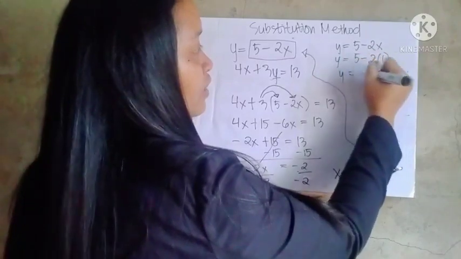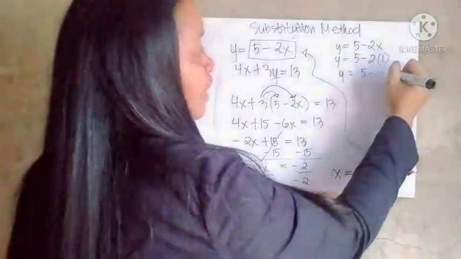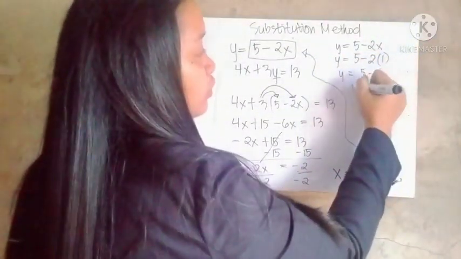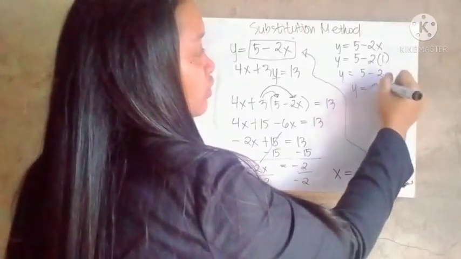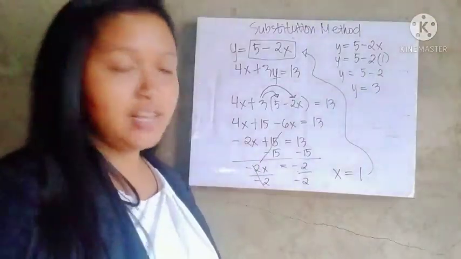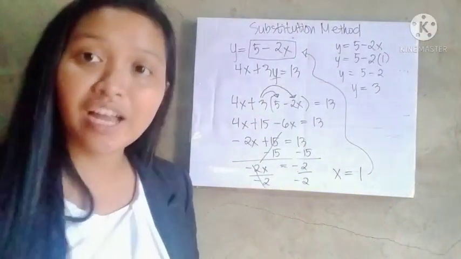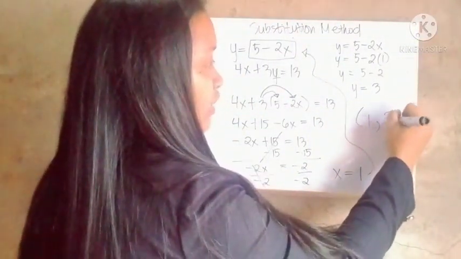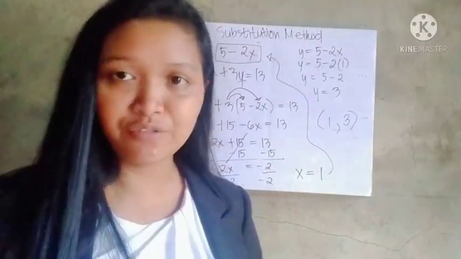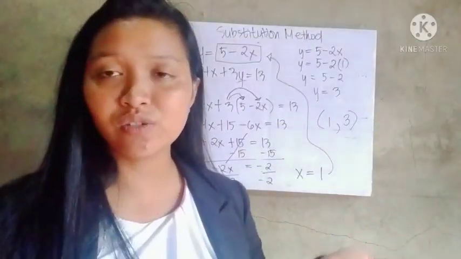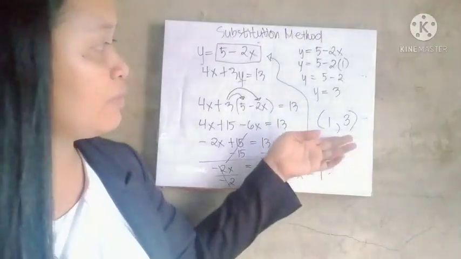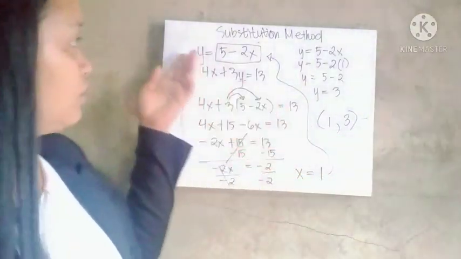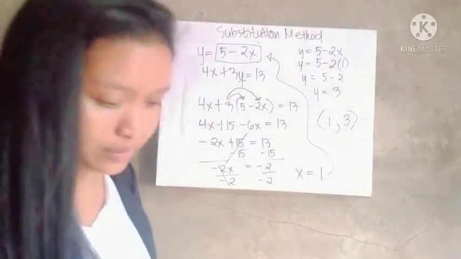So y is 5 minus 2. So the value of our y is 3. Therefore, our solution is 1 and 3. So again, if we are not satisfied with our solution, we need to substitute this value into these two equations.